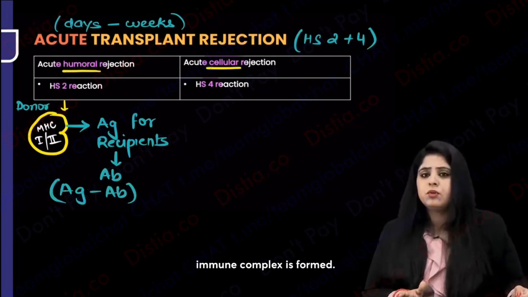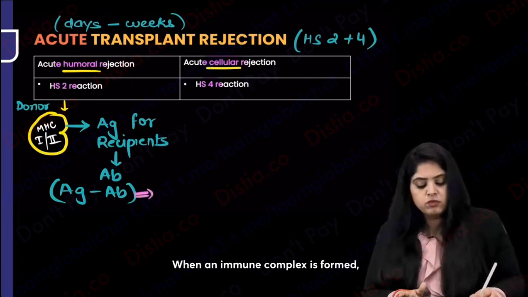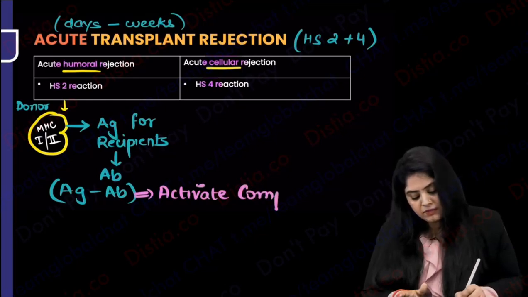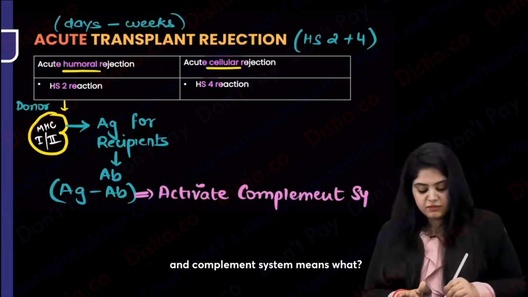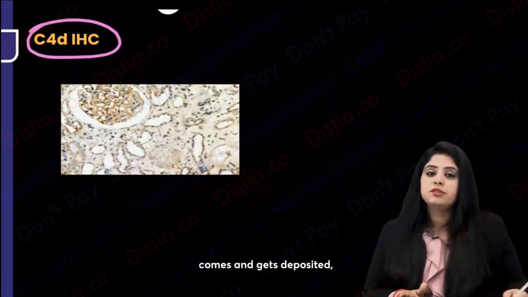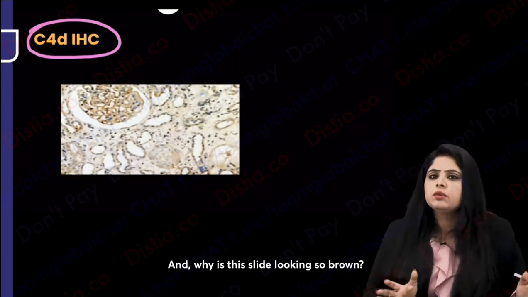Immune complex is formed. What happens when an immune complex is formed, guys? We tend to activate the complement system, and complement system means what? There is a complement protein that comes and gets deposited, that is known as C4D. And why is this slide looking so brown?